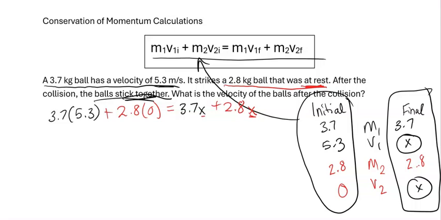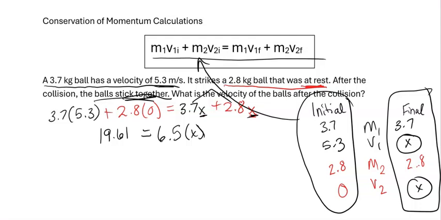So on my left-hand side here, I'm going to go ahead and compute that out. 3.7 times 5.3, added to 2.8 times 0, which is 0, gives me 19.61. Now if you think back to your basic algebra, because these have the same variables, we can go ahead and add those coefficients together. So 3.7 plus 2.8 is 6.5, and then we still have our x attached.